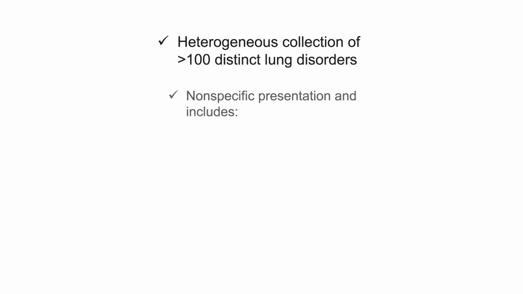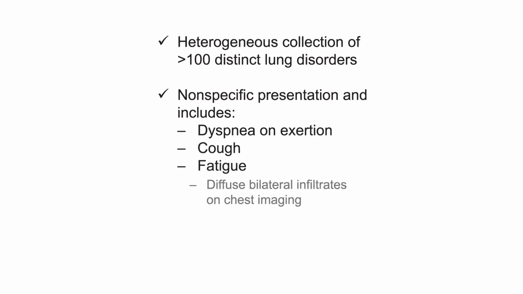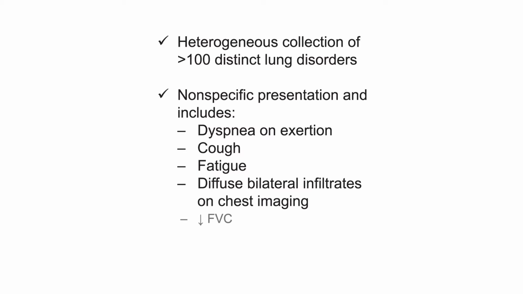Typically, the presentation of interstitial lung disease is very nonspecific, and it includes dyspnea on exertion, cough, fatigue, diffuse bilateral soft tissue infiltrates on chest imaging, and then when you look at pulmonary function testing, that is the amount of air that we're measuring going in and out of the lung, you can see that your forced vital capacity is reduced, as well as your diffusing capacity also reduced, but your FEV1 to FVC ratio is typically normal. So that's what interstitial lung disease actually is.